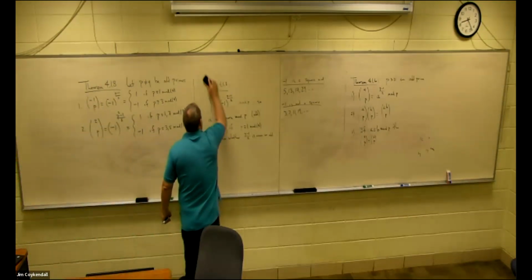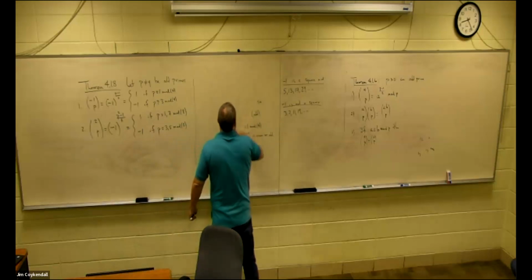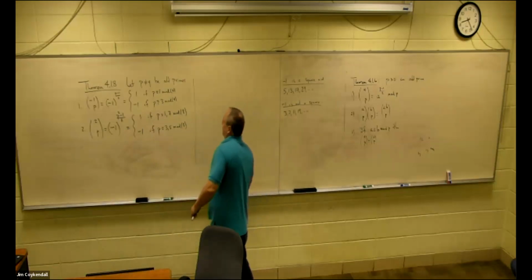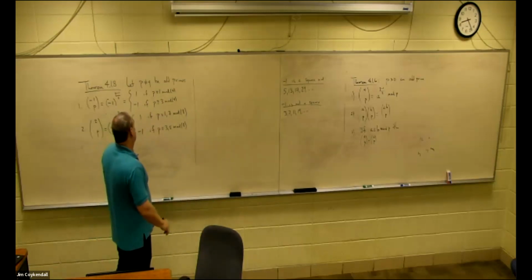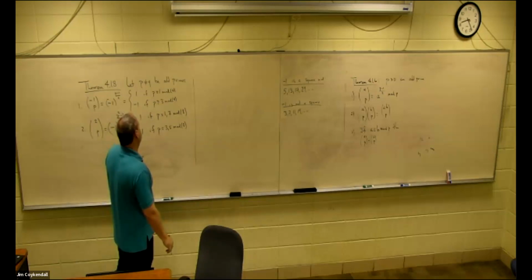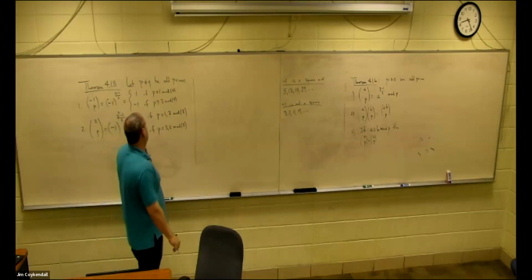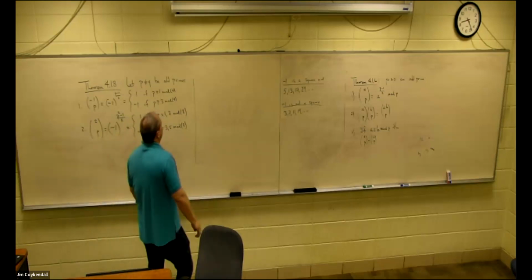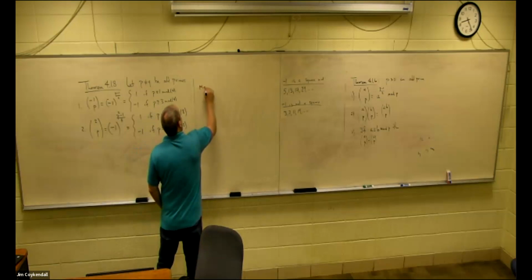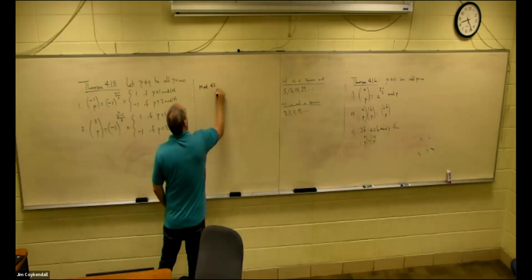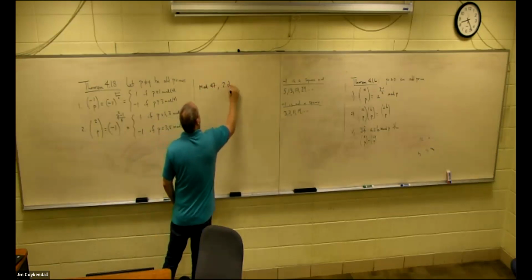So for example, let's say mod 47, 2 should be a square.